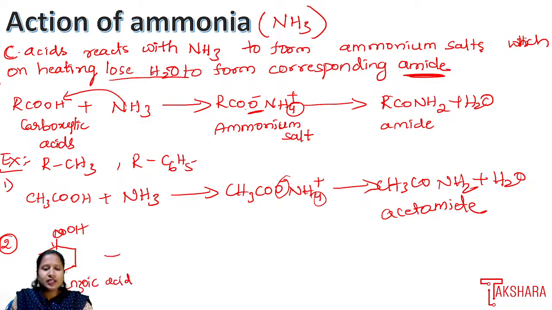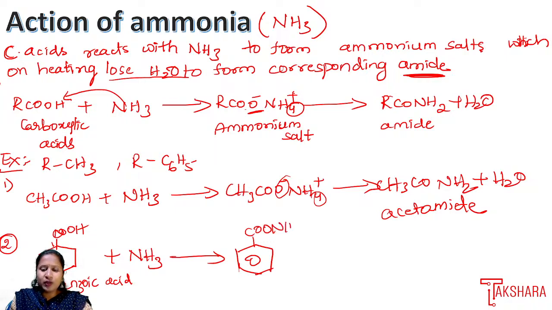When benzoic acid is treated with ammonia, that is NH3, it is going to form the product what? The ammonium salt of product is formed, that is benzene ring, then COO NH4 plus product is formed. Okay, so that is called as ammonium benzoate. When ammonium benzoate undergoes the heating process it is going to lose some amount of water.